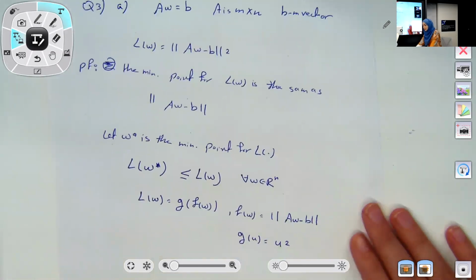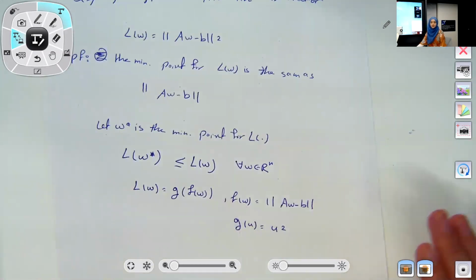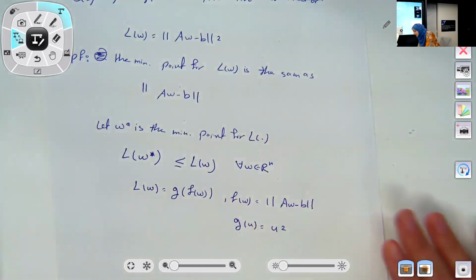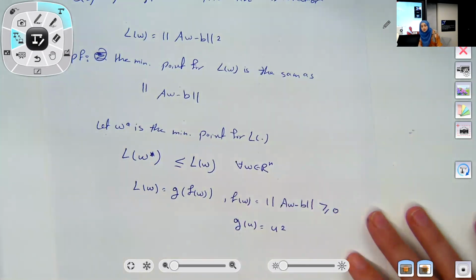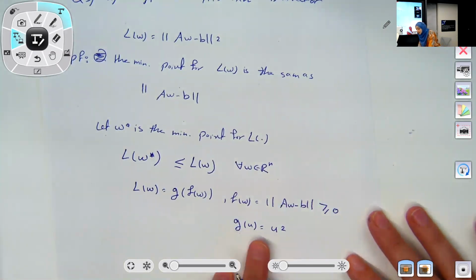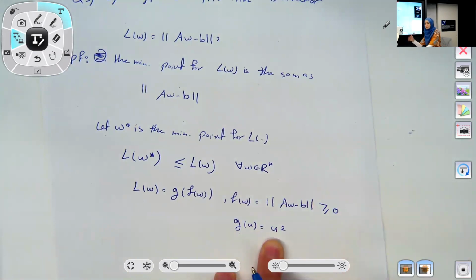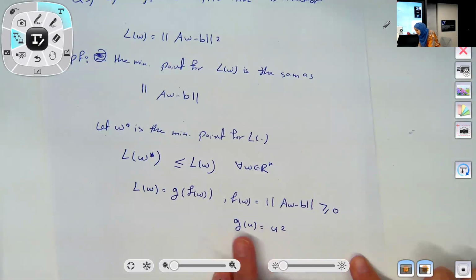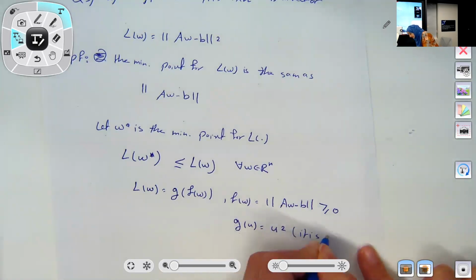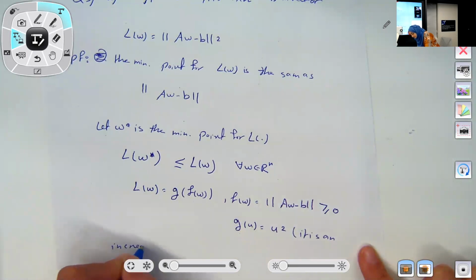F of omega, the norm, is always greater than or equal to 0. G of U equals U squared is a monotonic, increasing function, and it's also continuous.